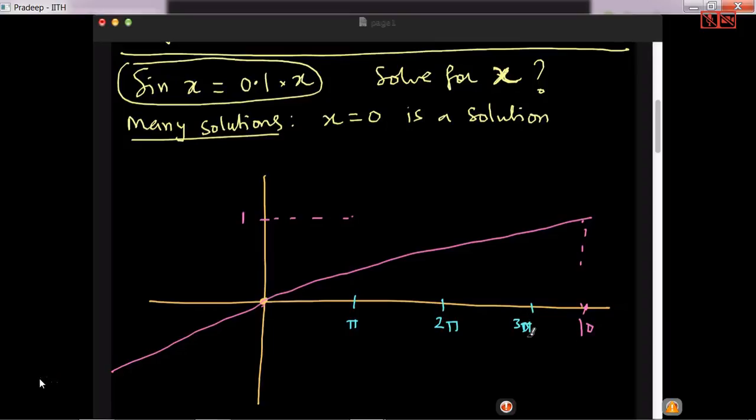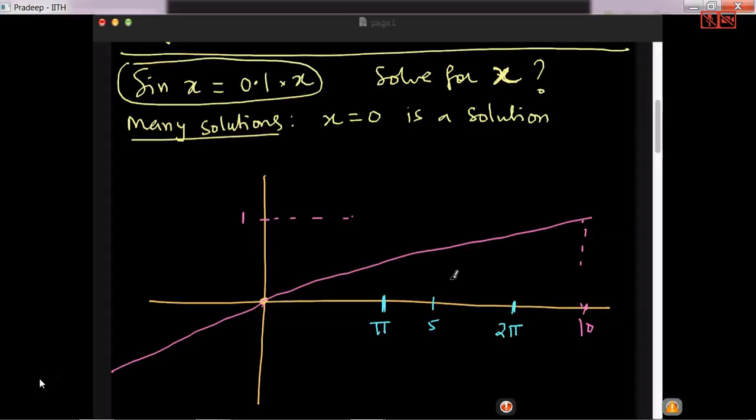So I think I have to adjust it such that, so this is 5, right? So 3.14. So this is my pi and this is my 2 pi. So this is 6.28 and then let's say this is 10. So what is a sine wave?